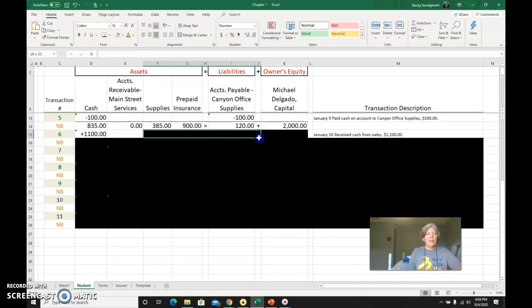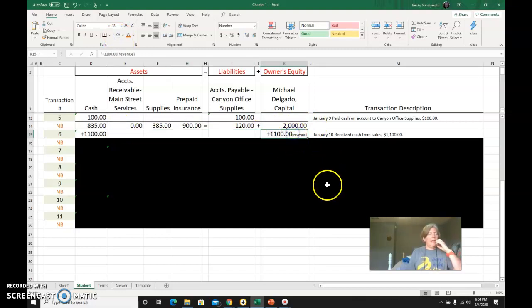So it has to be owner's equity. It has to be capital. The account is capital, the classification owner's equity. And it has to be going up so we stay equal on both sides. So it's going up. Why is it going up? It's because it's revenue. I've sold something. Sales is revenue on your little cheat sheet. So you know that sales revenue is a good thing. It makes capital go up.